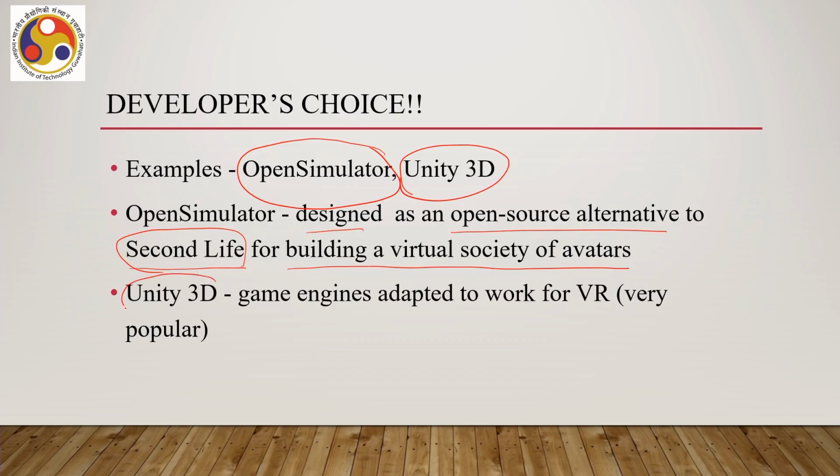Unity 3D is a game engine adapted to work for virtual reality, which is one of the popular game engines, and we will probably use the term Unity 3D or the reference to this Unity 3D more than Open Simulator in subsequent discussions.